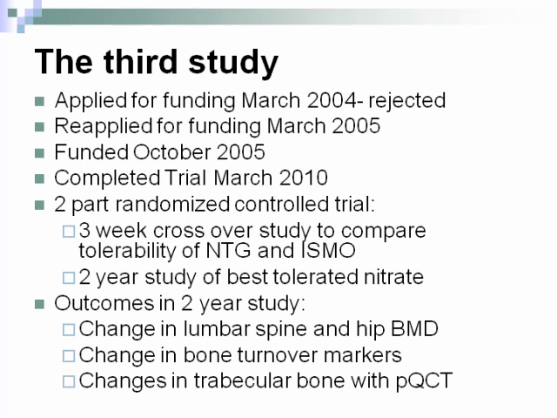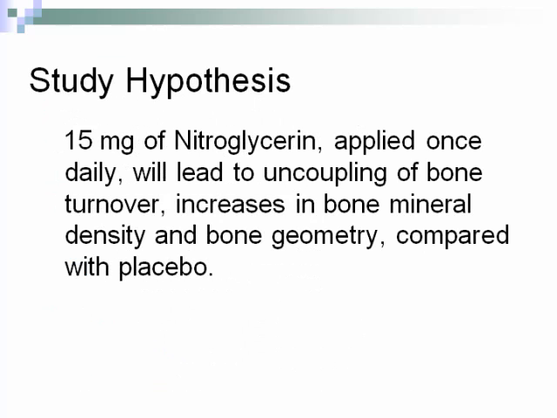We also looked at changes in bone turnover marker, and then we looked at trabecular bone changes with peripheral computed tomography. We hypothesized that 15 milligrams of nitroglycerin applied once daily would lead to uncoupling of bone turnover, increases in bone mineral density and bone geometry compared to placebo.